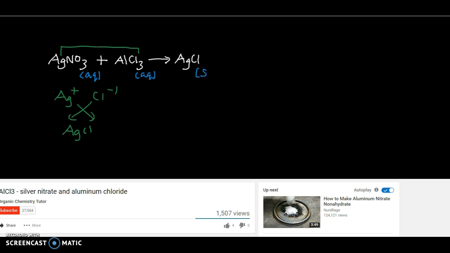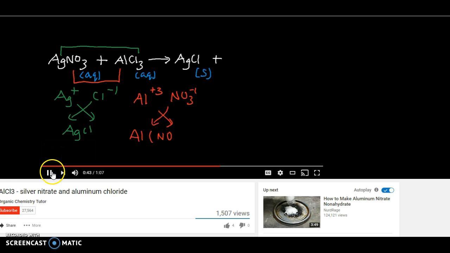That in turn lets them freely form silver chloride, which is a solid, and the other byproduct of which is the leftovers, aluminum nitrate, which stays aqueous. So that is the basic process that it goes through.